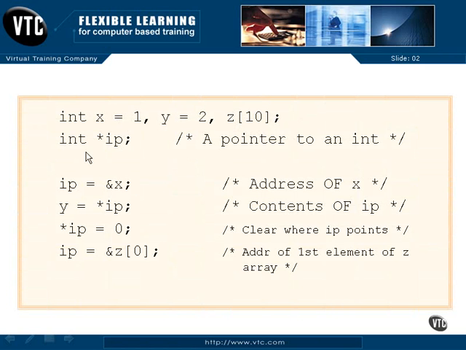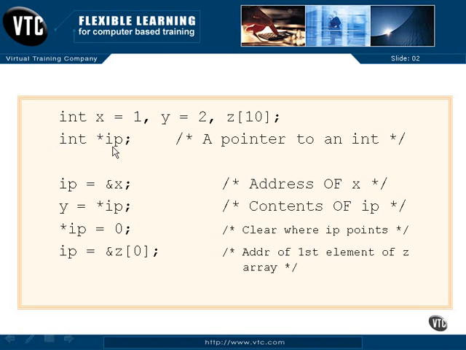Now this is new, and what is new is this asterisk right here, this star. We have an int space star IP, and you'll see in other versions of C, and even in normal C programming sometimes, people will write int star and then a space and a variable. They want the star in their description closer to the type to show you that this is a pointer to an integer and then the name.